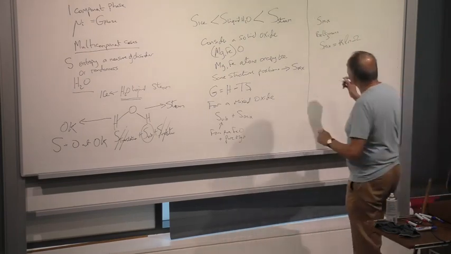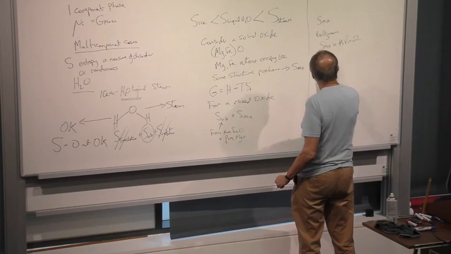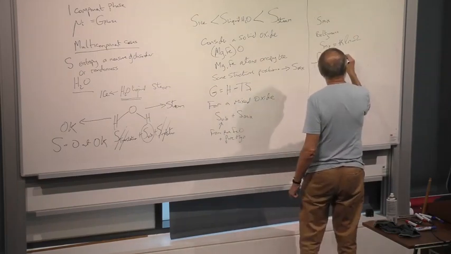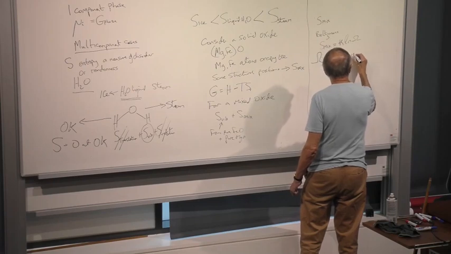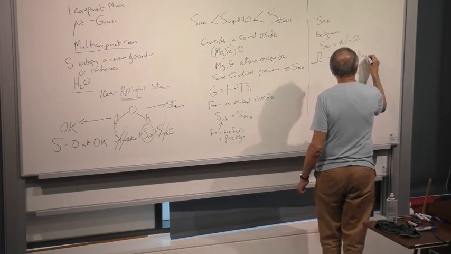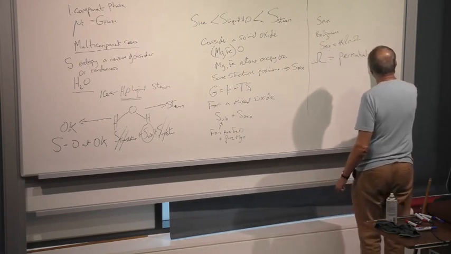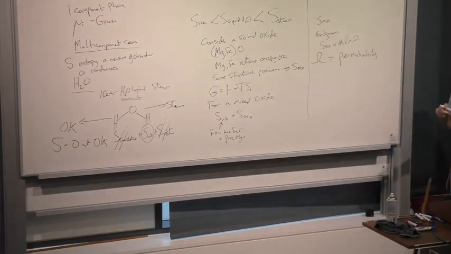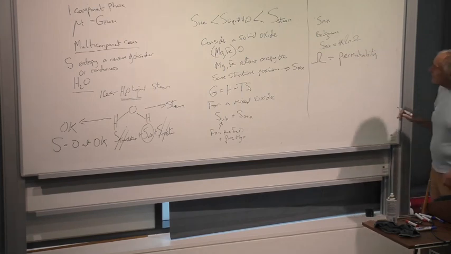Now omega is the permutability, which is the number of different ways I can put the atoms of magnesium and iron into the different positions in the structure. Okay, the number of different ways. Which, as you'll see, is a lot.